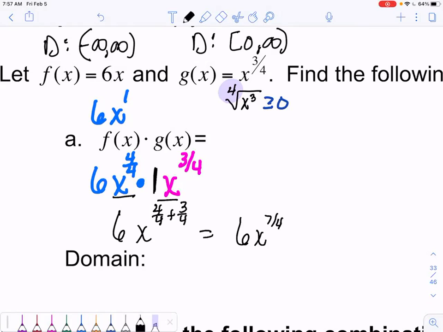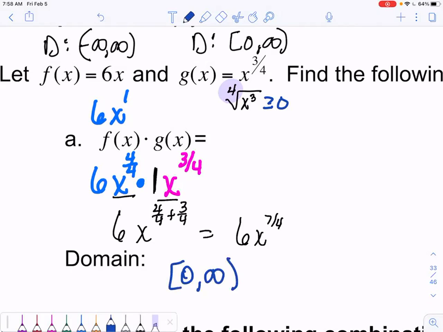Now we have to think about the domain. One domain is negative infinity to positive infinity, but the other domain says it has to be from 0 to infinity. So what would the domain of 6x to the 7/4 be? Brooke? 0 to positive infinity.